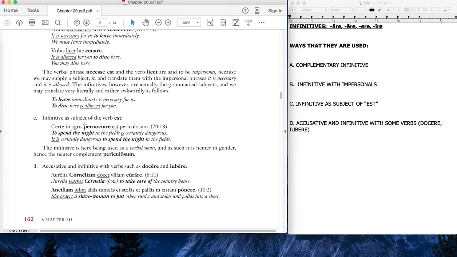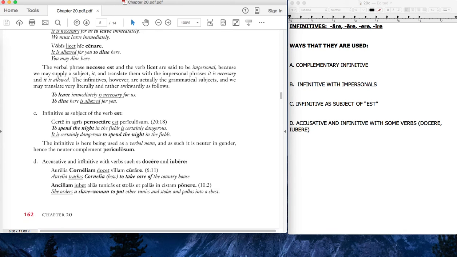But here, the verb functions as this subject. So, to spend the night in the fields is dangerous. That is a dangerous thing to do. So the verb really takes the place or acts as the subject in that sentence.